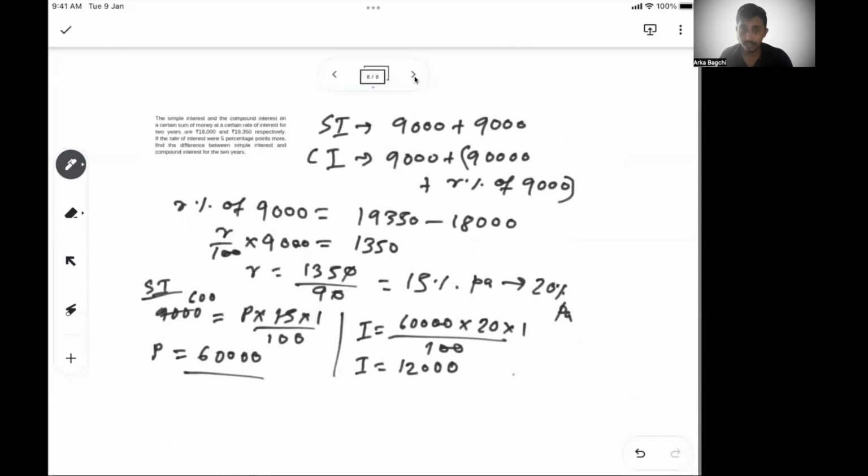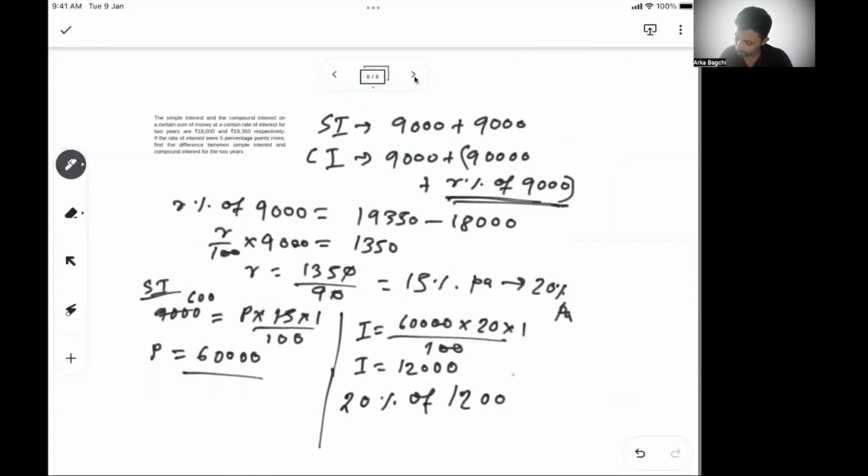Now, if your interest becomes 12,000 rupees, this is the delta that is going to be created. They are asking for the difference, so the difference will become 20% of 12,000, because the first year is going to be the same, 12,000 for both.